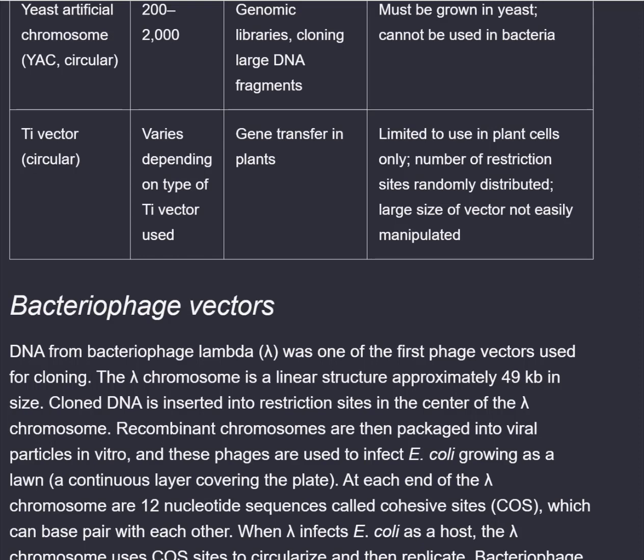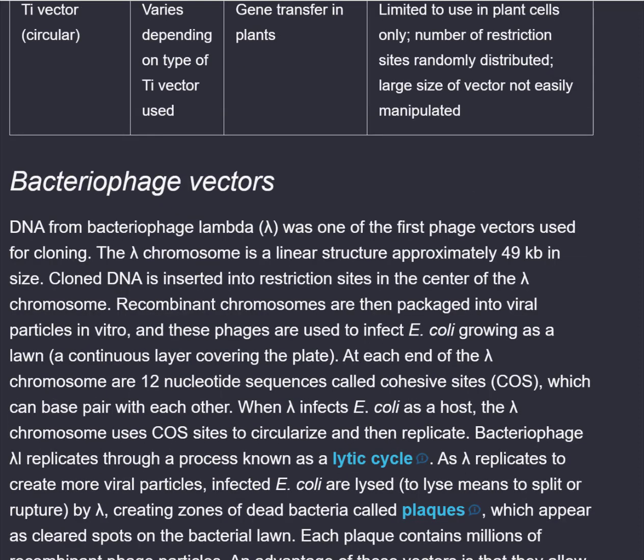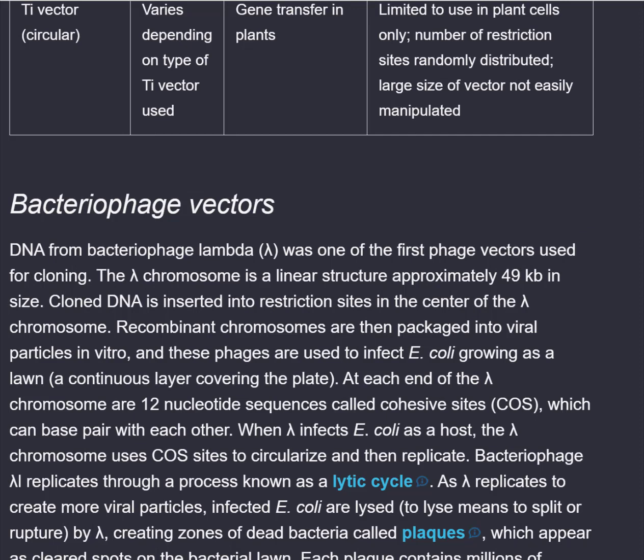Limitations: must be grown in yeast, cannot be used in bacteria. Ti vector, circular: size varies depending on type of Ti vector used. Application: gene transfer in plants. Limitations: limited to use in plant cells only, number of restriction sites randomly distributed, large size of vector not easily manipulated.